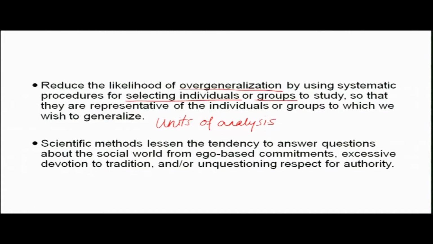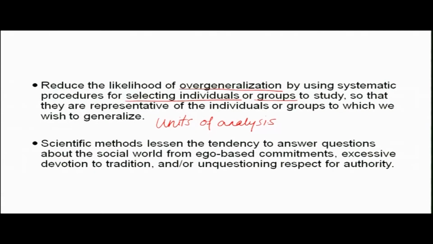task in this respect. Also, when we adopt scientific methods such as these, they lessen the tendency to answer questions about the social world from ego-based commitments, excessive devotion to tradition, and or unquestioning respect for authority.